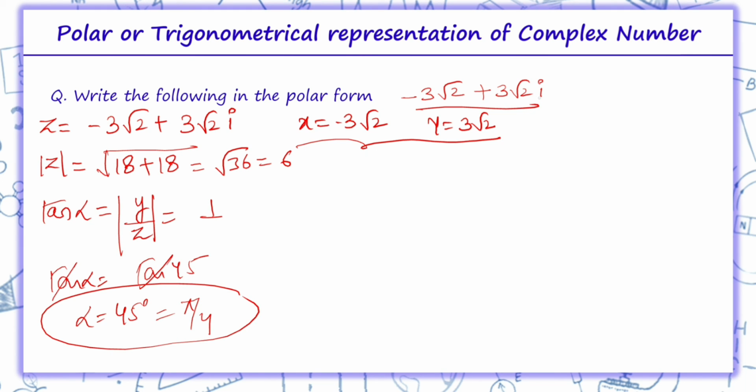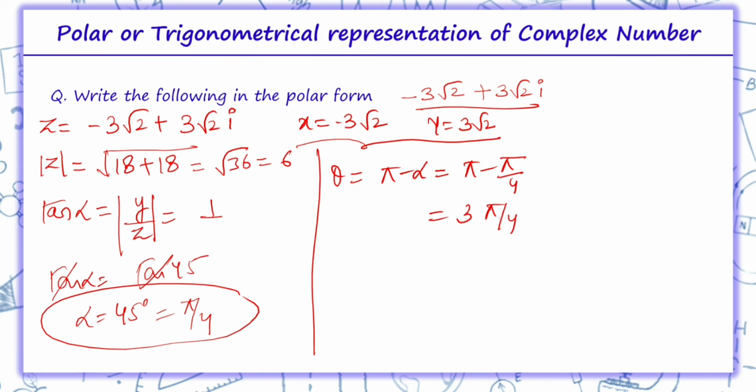Now since this point z lies in the second quadrant, therefore the argument of this, that is theta, will be pi minus alpha. This is pi minus pi by 4, so this will be 3 pi by 4. So this is the value of theta for this particular complex number. Now we have to represent this complex number in polar form.